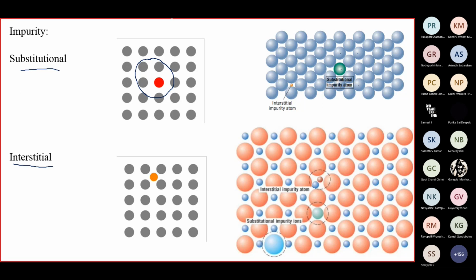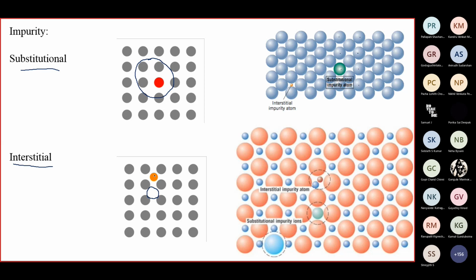This atom need not be the host atom; it could be different. So where is this atom located? It is located in the interstitial space between the host atoms. That is why it is called interstitial.